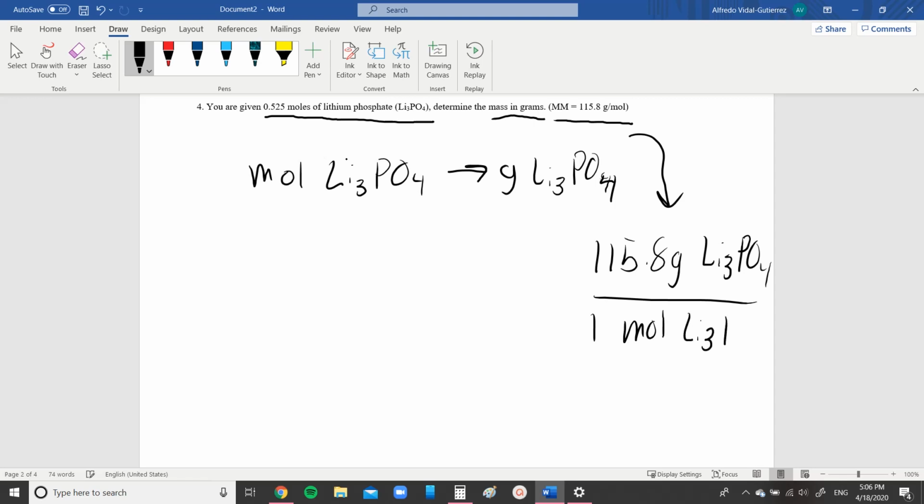So I have the unit conversion that I want to accomplish already written out. I have the unit converter between those two units, that's lithium phosphate's molar mass. All I have to do now is just set it up, so always write what you've been given, which is 0.525 moles of lithium phosphate.